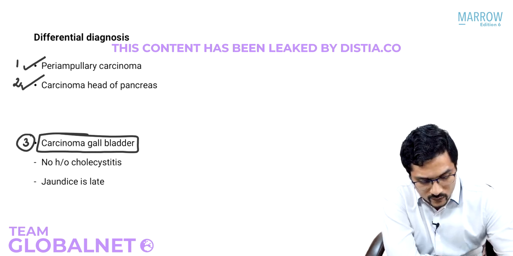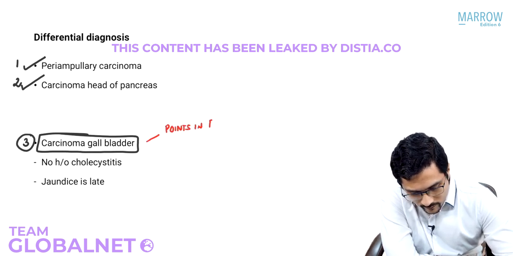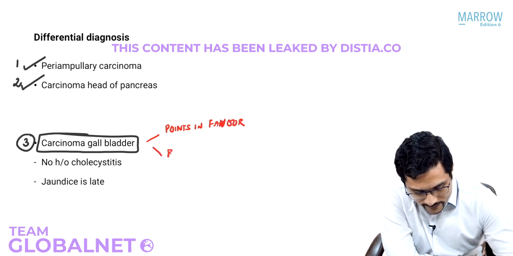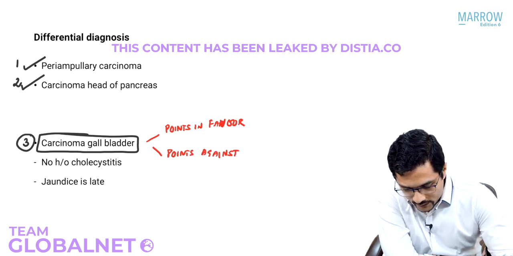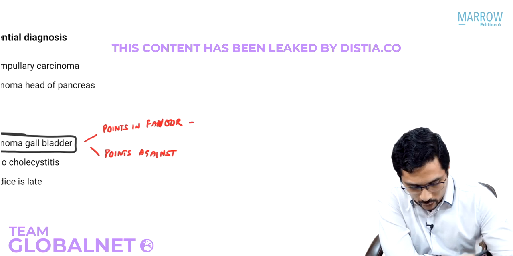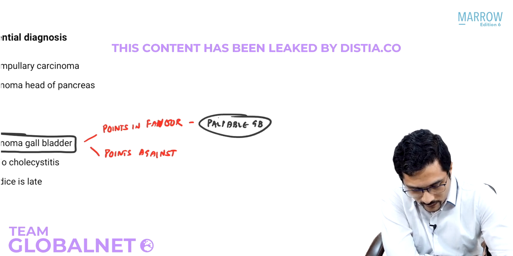For every diagnosis, we have to see points in favor and points against. Points in favor for carcinoma gallbladder: a palpable gallbladder. That is the only point in favor.